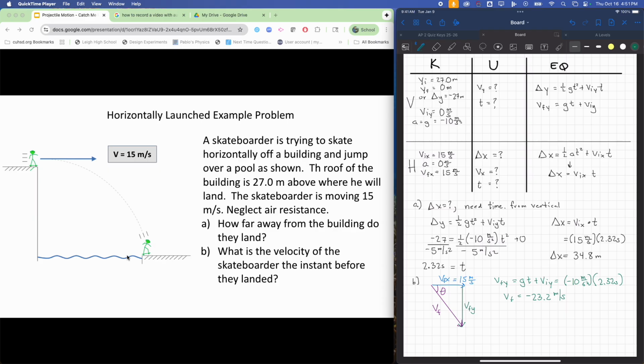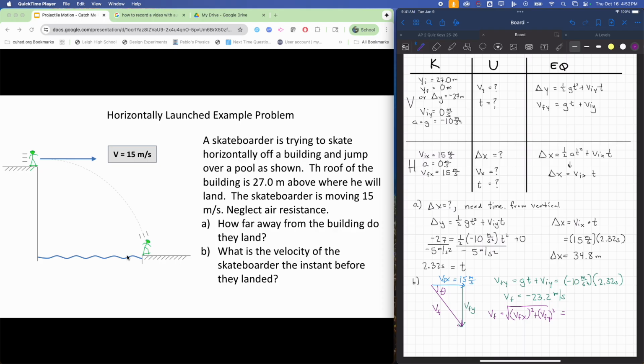Okay, so now I have the two sides of my right triangle. So then I'm going to use the Pythagorean theorem to solve for the length of this vector here and the angle. I'll use trigonometry, or right triangle geometry. So my final velocity is equal to the square root of VFX squared plus VFY squared.